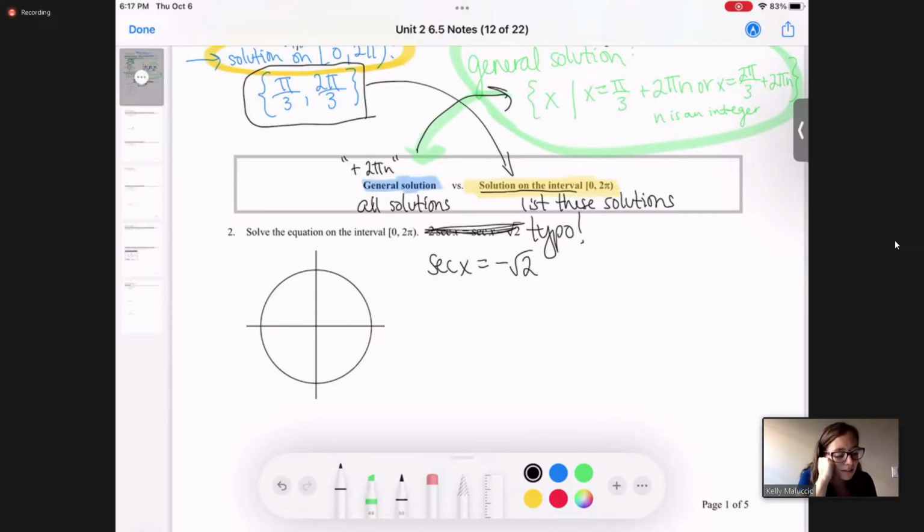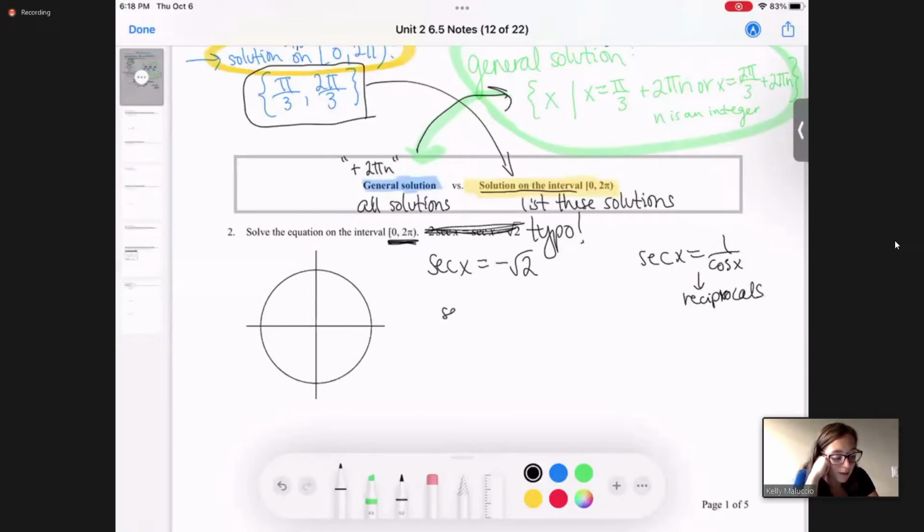So secant x is negative square root of 2, and we want to solve it on the interval 0 to 2 pi. First, I need to write this in terms of sine and cosine, because secant doesn't tell me much. Secant x is 1 over cosine x, so they are reciprocals of each other.